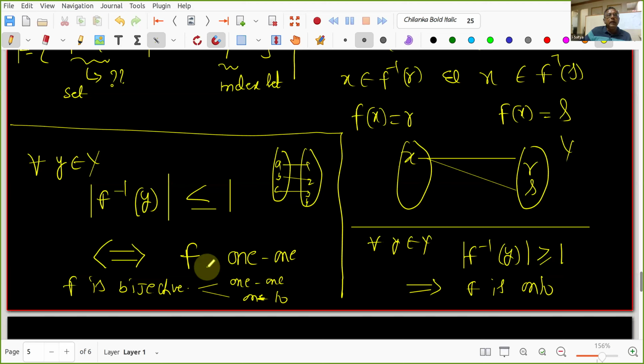Bijective means both, so they have to be equal. Each element has one pre-image. Then I can talk about the f inverse function from Y to X. Now only f inverse will come, because each element has a unique pre-image. If f is a function from X to Y, then f inverse is a function from Y to X.